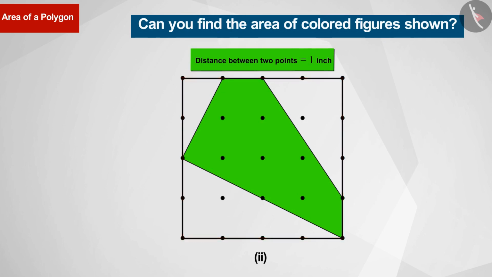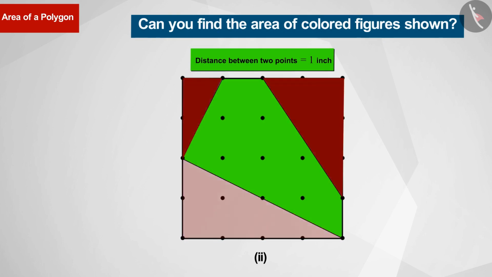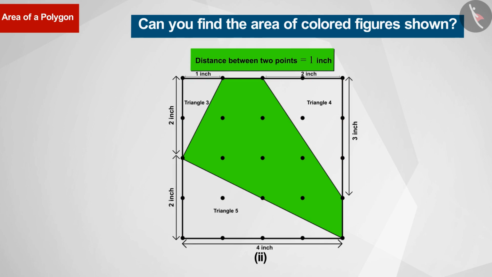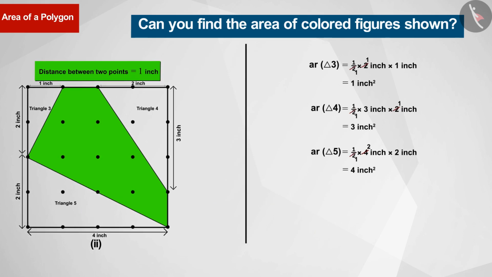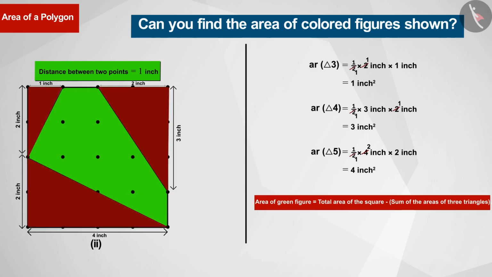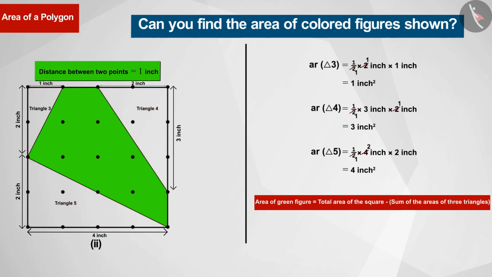In addition to this green shape, we see these three triangles, whom we respectively name triangle 3, triangle 4, triangle 5, whose length and height we can easily measure. This is how you can find their area. And then, by subtracting the sum of the areas of the three triangles from the total area of the square, we get the area of the green figure.